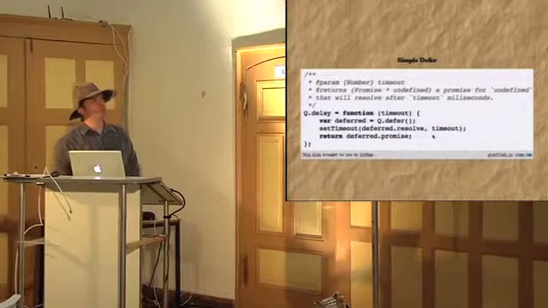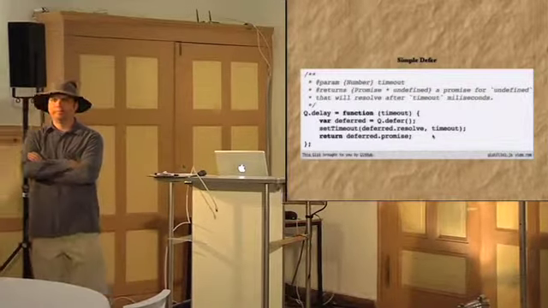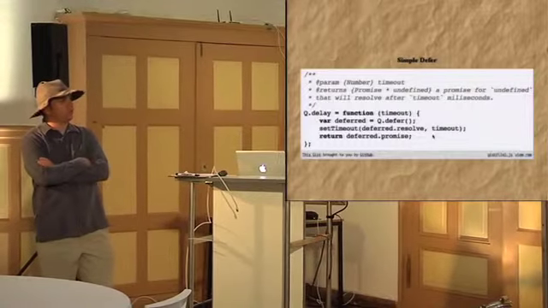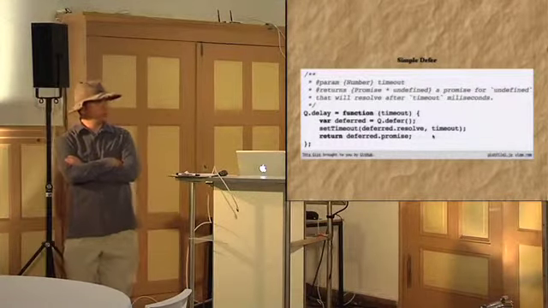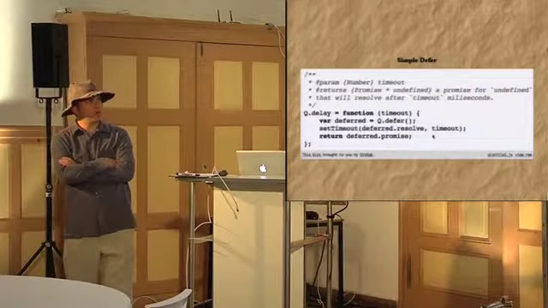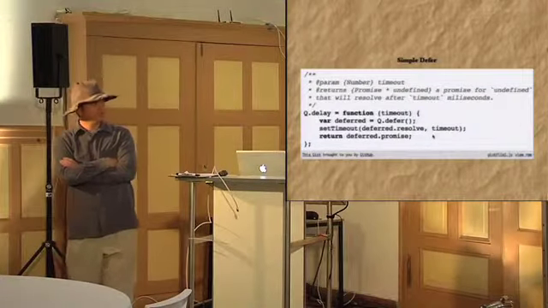Here's a simple defer. This is an abstraction on setTimeout. It's really simple. The idea is you construct a deferred, you call setTimeout, the callback is going to be the resolver, and then you pass the timeout as the second argument, and then you return the promise. So you've got the two parts.